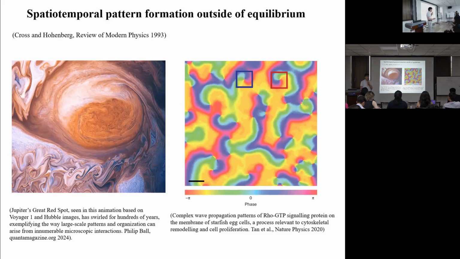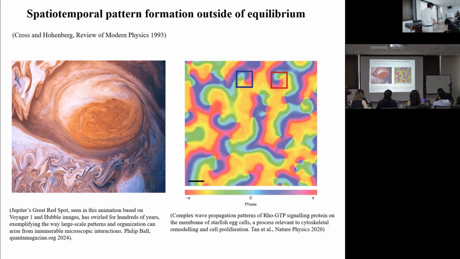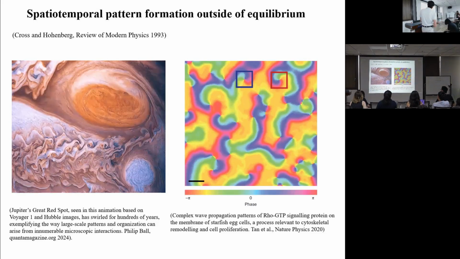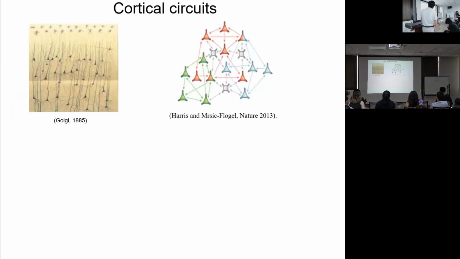By the end of today's lecture, I hope you'll get an idea about the importance of those patterns, and also the way we can analyze those patterns from real data. I will go through all kinds of data.